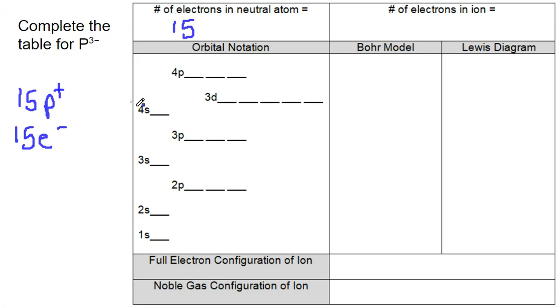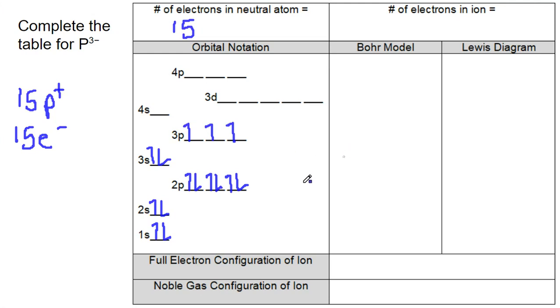Okay, now if I'm going to fill out the orbital diagram for neutral phosphorus, I need to place 15 electrons. Okay, and those are the 15 electrons.